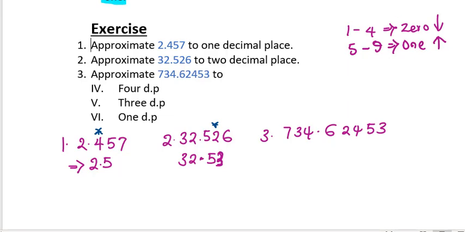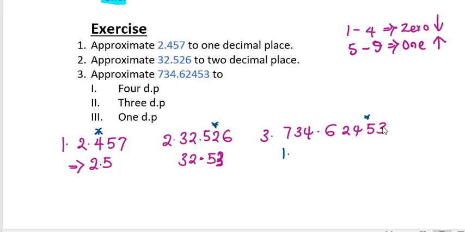For I, which is this first one, we have 4 decimal places. So they want us to stop at 4 dp. Dp means decimal place, that is the short form of decimal place. 4 decimal places means we need to stop here, right? Because count 1, 2, 3, 4. So I is equal to what?